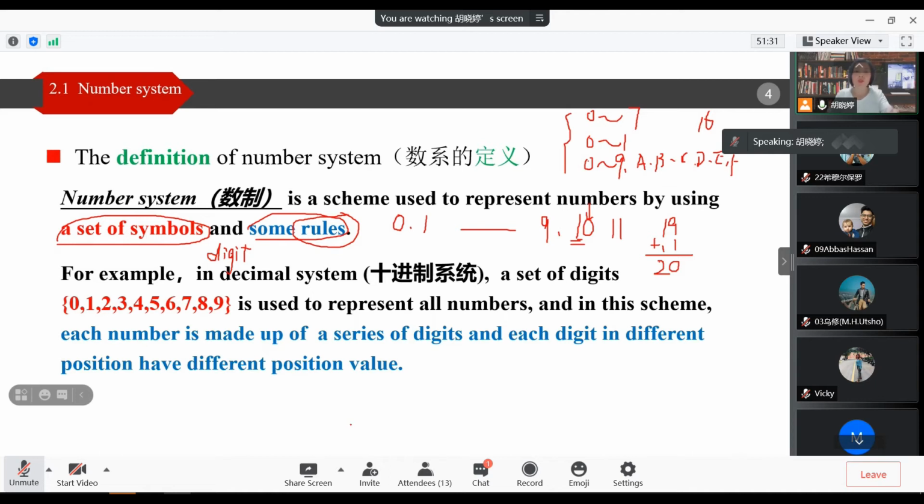According to the decimal system, can you summarize the set of symbols and rules for binary, octal, and hexadecimal? Can you summarize those two kinds of characteristics?